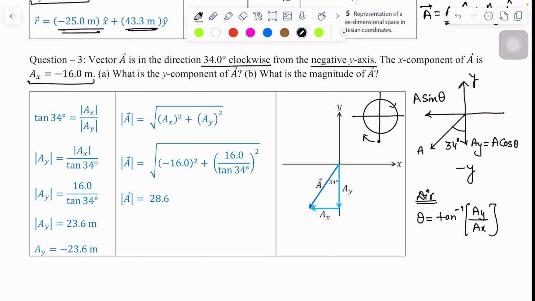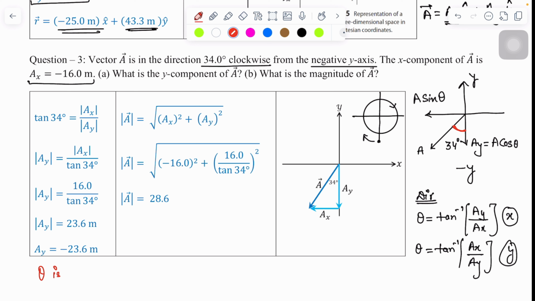Yes or no? This is along x. And theta equals tangent inverse Ax over Ay. This is along the y-axis. Yes or no? So where is the angle right now? Yes, you said correctly. The angle is with the y-axis.